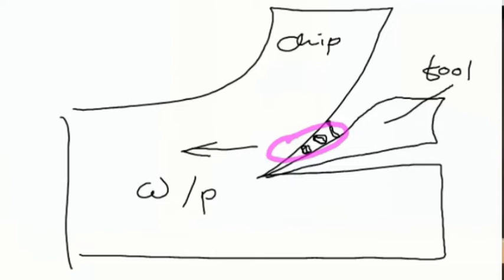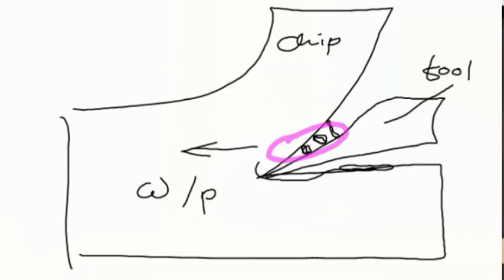Another thing is that sometimes the particles detached from the rake surface may also overflow here onto the machined surface. Okay? And that also causes detrimental effects on the machined surface.